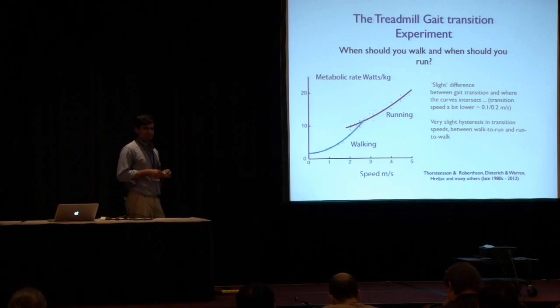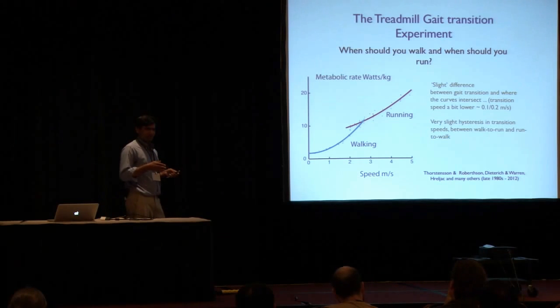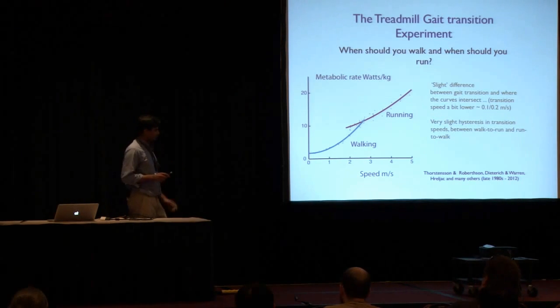They give slightly different results. The result is that people switch from walking to running, and then when the speed decreases again, people switch from running to walking, maybe at the same speed, maybe at a slightly different speed depending on the protocol. So there's a little bit of variability there.